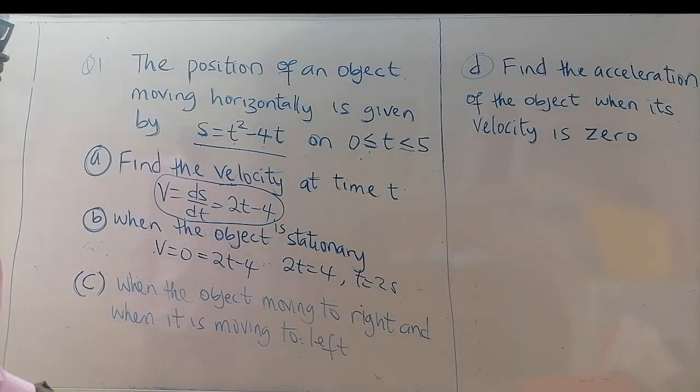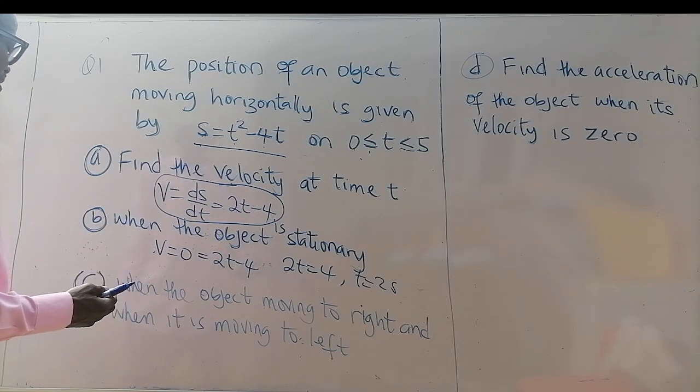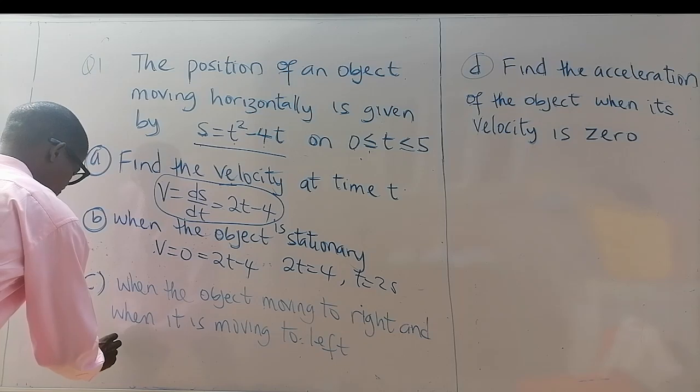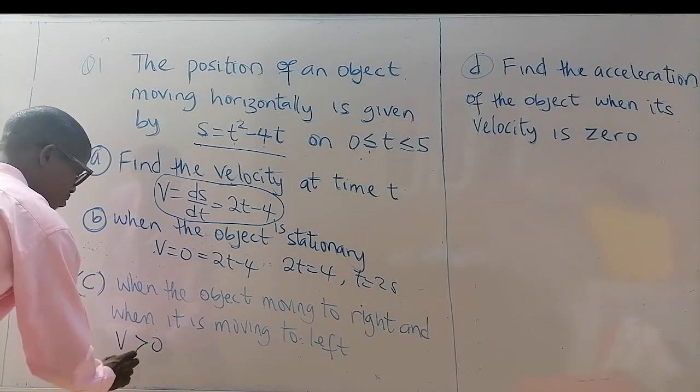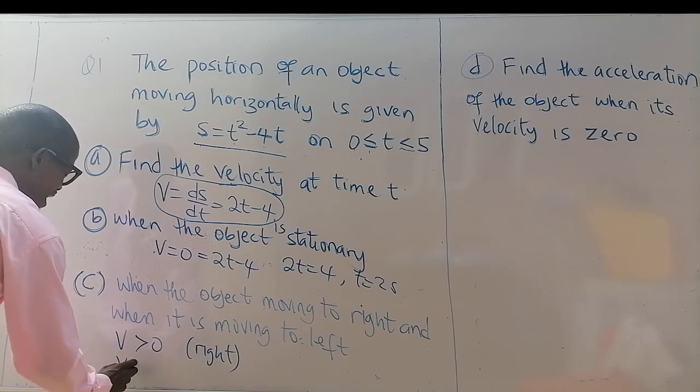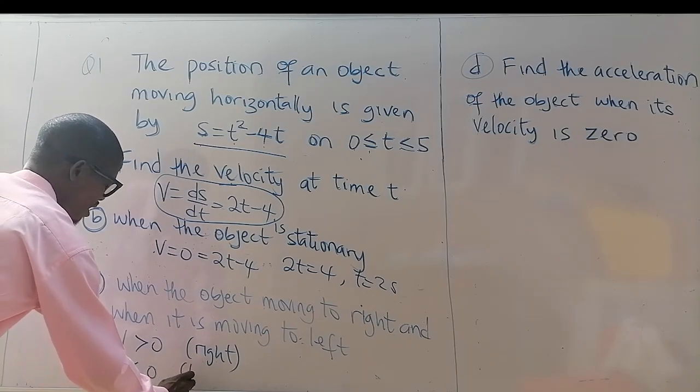Then, for when the object is moving to the right and when it is moving to the left: when it's moving to the right, v will be greater than 0. When it's moving to the left, v will be less than 0.